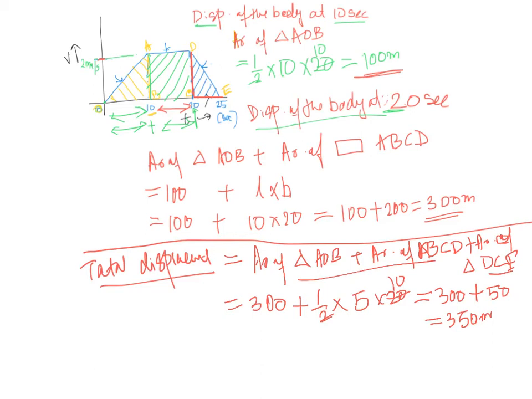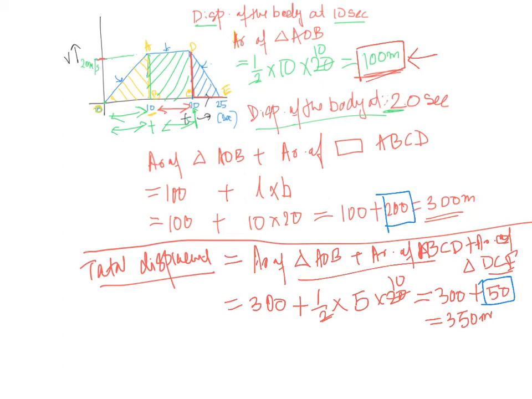One thing you see: for the first 10 seconds, the distance traveled is 100 meter. For the next 10 seconds, the distance traveled is 200 meter. For the last 5 seconds, the distance traveled is 50 meter.